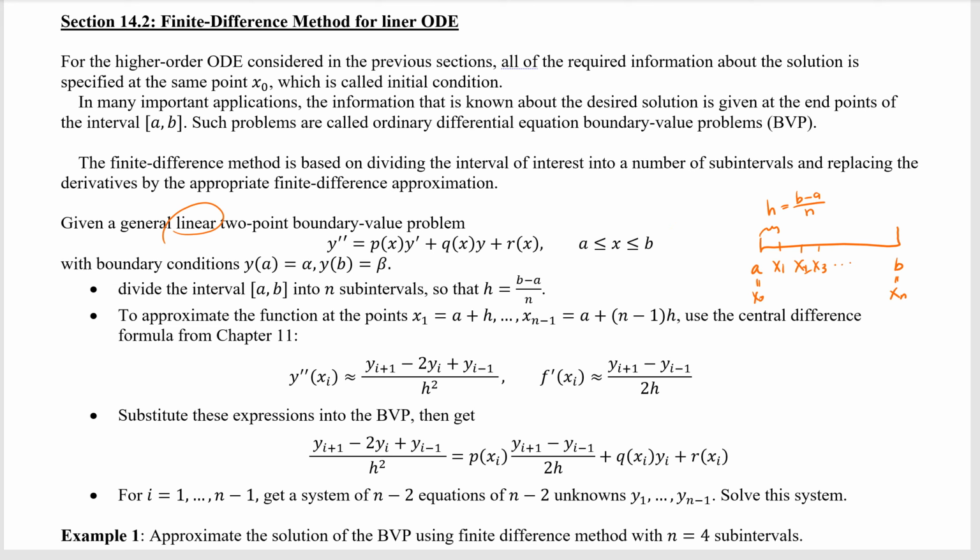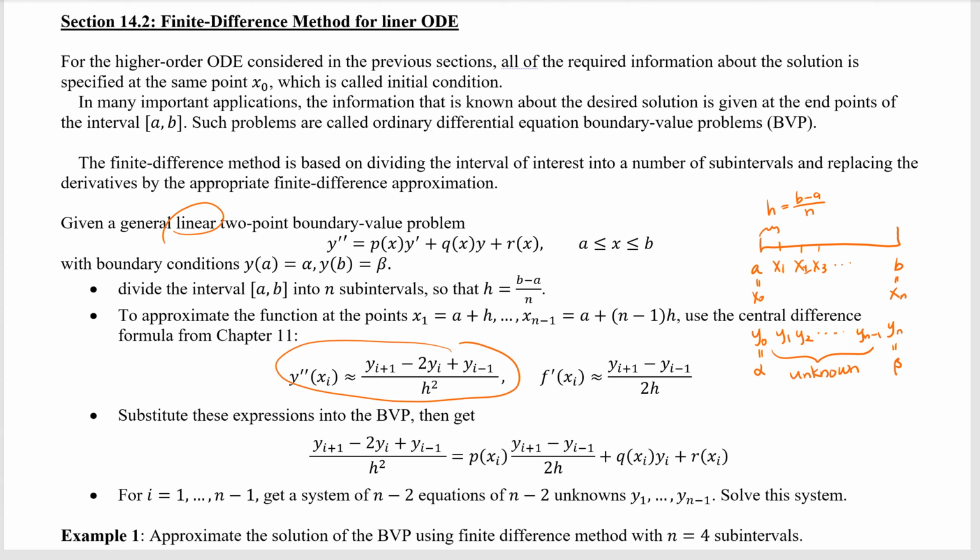Then to approximate the function at the points xi, usually because we know y0 equals alpha and we know yn equals beta, right? So we're looking for y1, y2, up to yn minus 1. So those are the unknowns. In order to approximate those points, we can use the central difference formula.